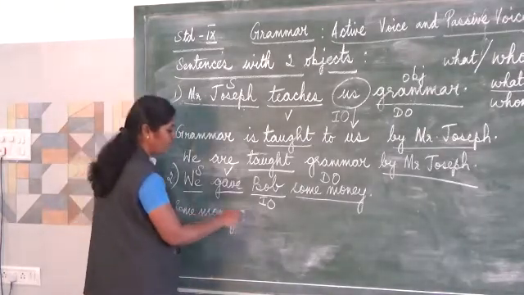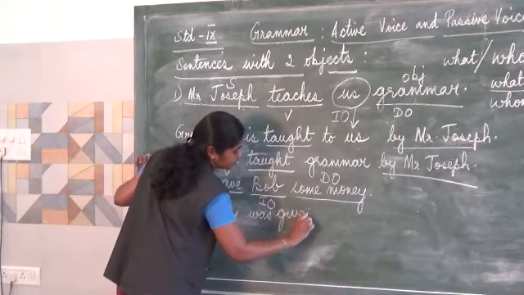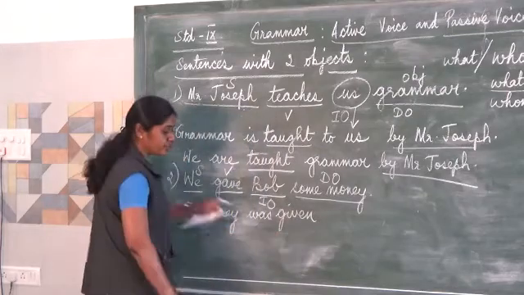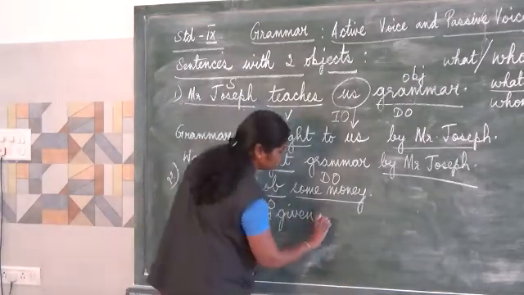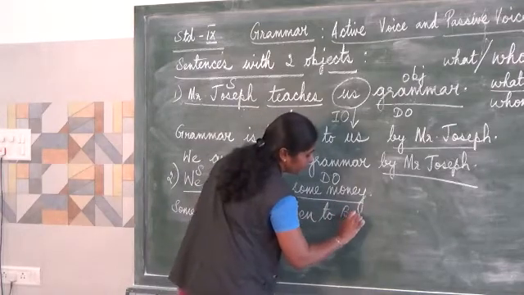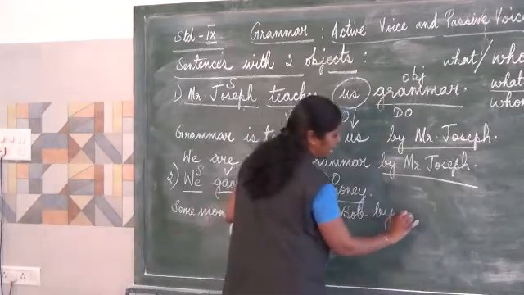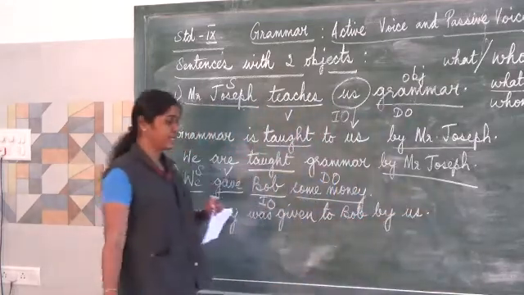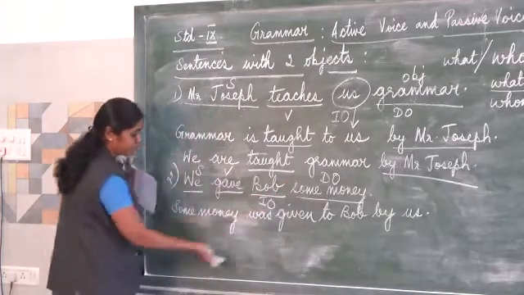Some money was given. See, now you have written the main verb. So immediately after the main verb you have to write the indirect object. Some money was given to Bob by us. Is it clear?